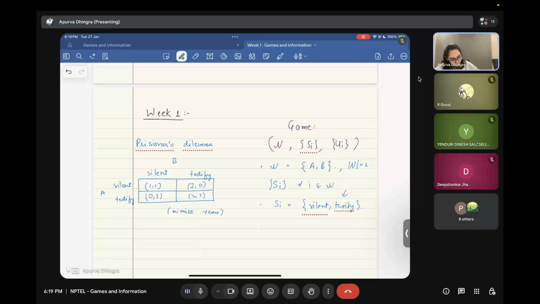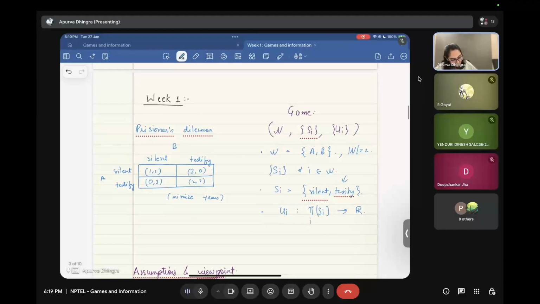Now the third thing, the utilities. If you recall, the utilities are defined as a function from the strategy space, the strategy profile to be more specific, so it considers all the agents or all the players, and at the end of it, it gives us a real number.